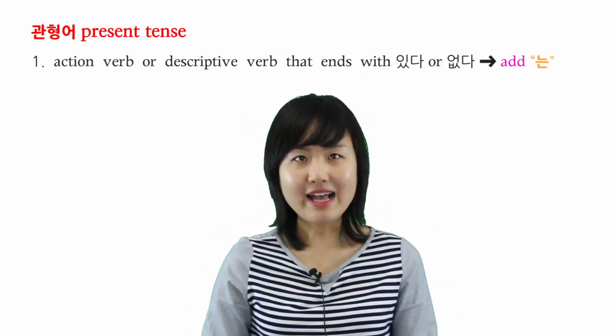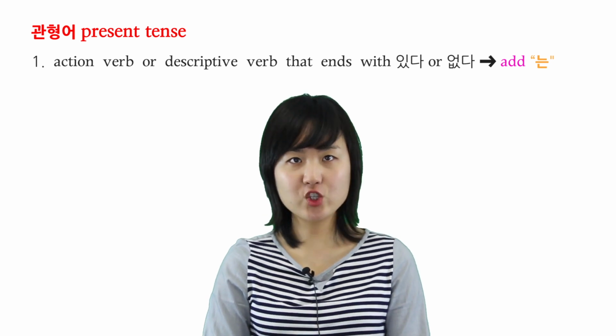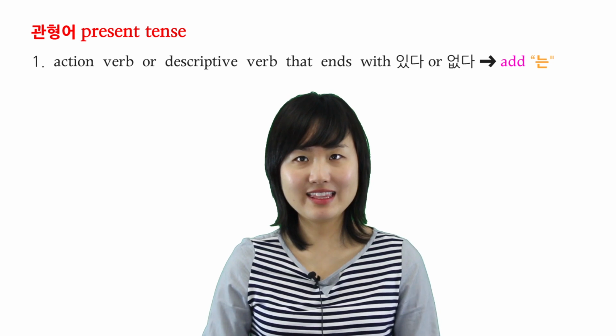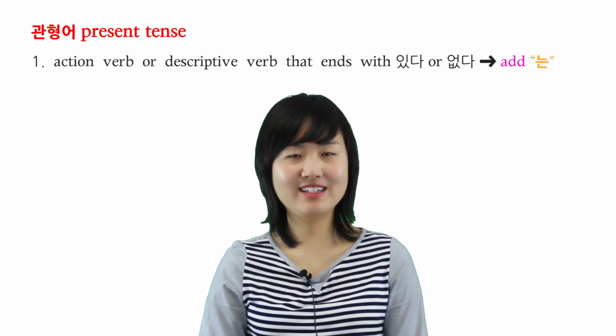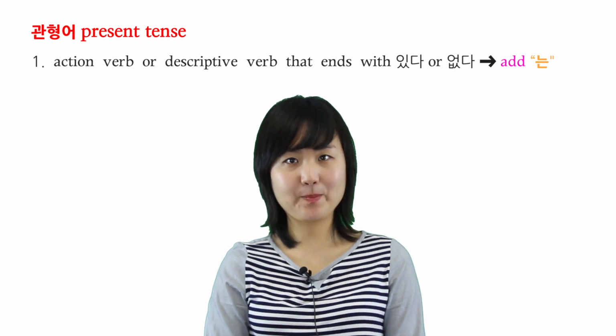So here's the rule to make 관형어 from a verb if it is in the present tense. As you can see in the rule, if the Korean noun modifier is an action verb or a descriptive verb that ends with 있다 or 없다, then 는 should be added to the verb stem.